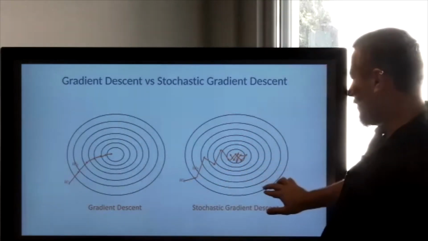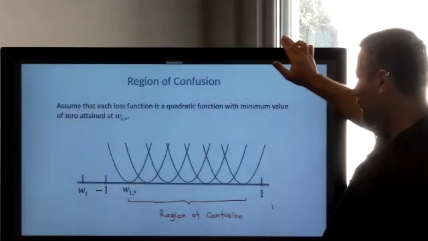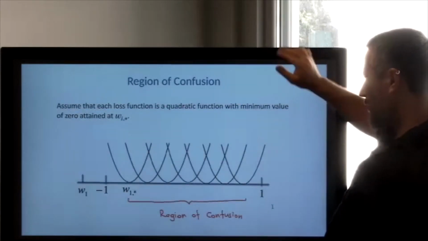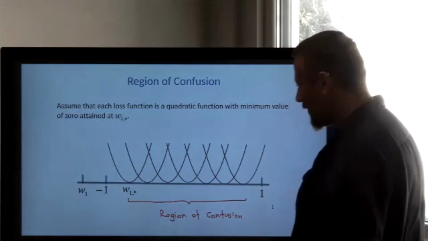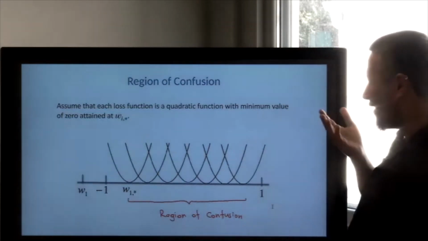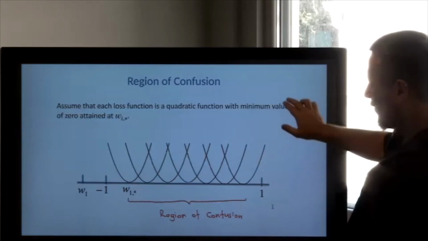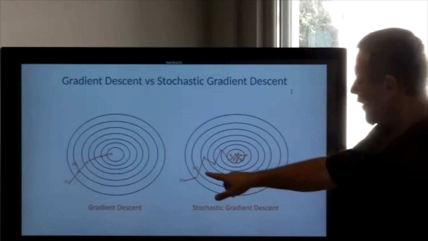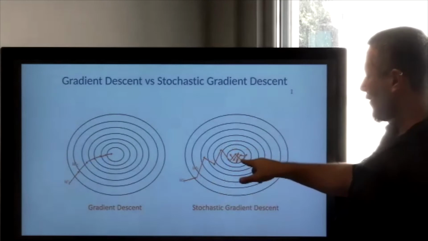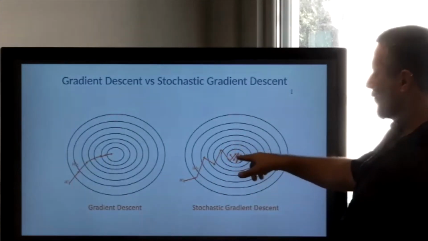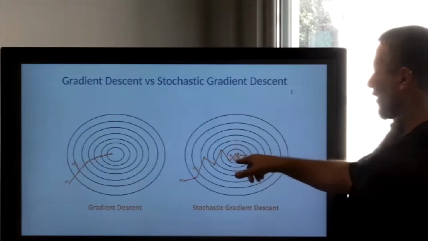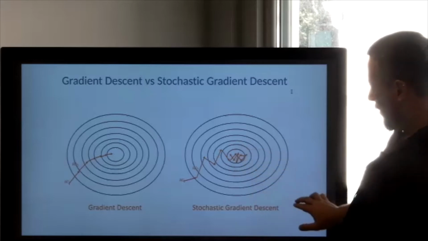I want to prove that today. So this is one way, a toy example, to understand why stochastic gradient descent works the way I showed it. At first it works pretty well, and then around this minimum point, let's say, it wanders around.